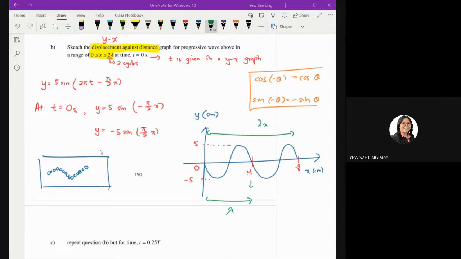Question D is very similar to this question, but now the question is asking for displacement against time graph. So kita dah siap dengan displacement distance graph. Sekarang kita tengok displacement time graph dulu. Right? So I give you 5 minutes.